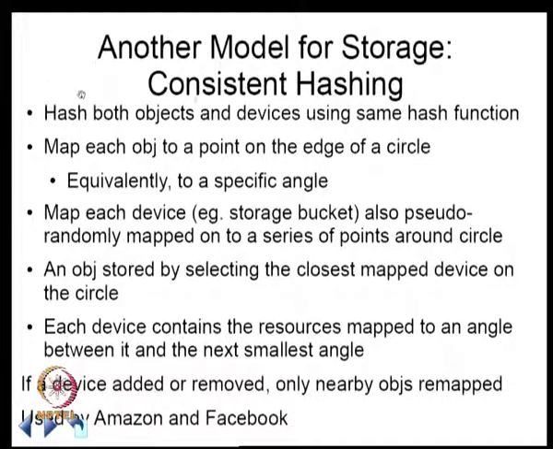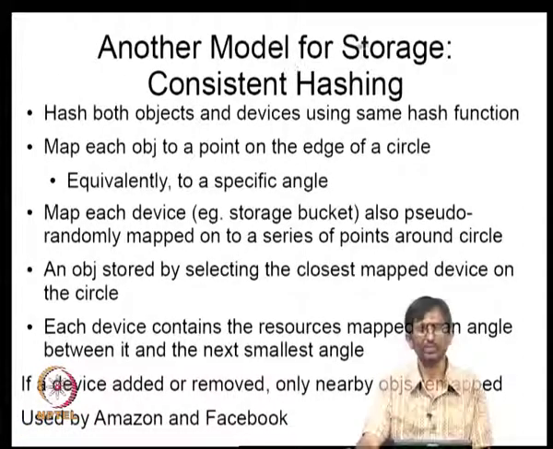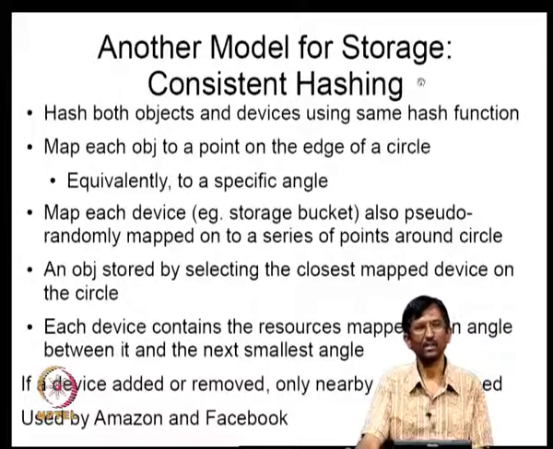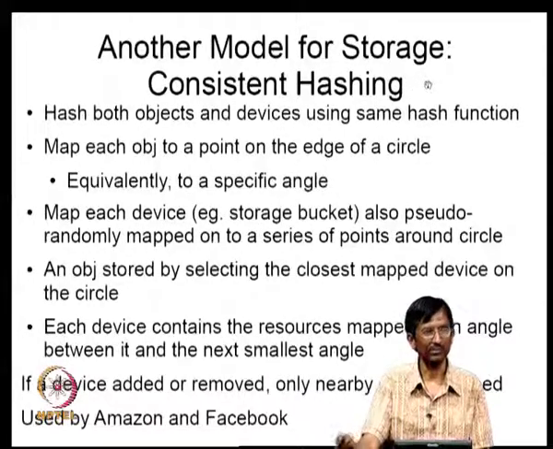There is another model for storage, which is what is called consistent hashing. What we do in this is try to avoid having a master in the picture. You want to directly use the name and hash it, and then from there figure out where to get the data. So you want to avoid having somebody like a master in the picture.